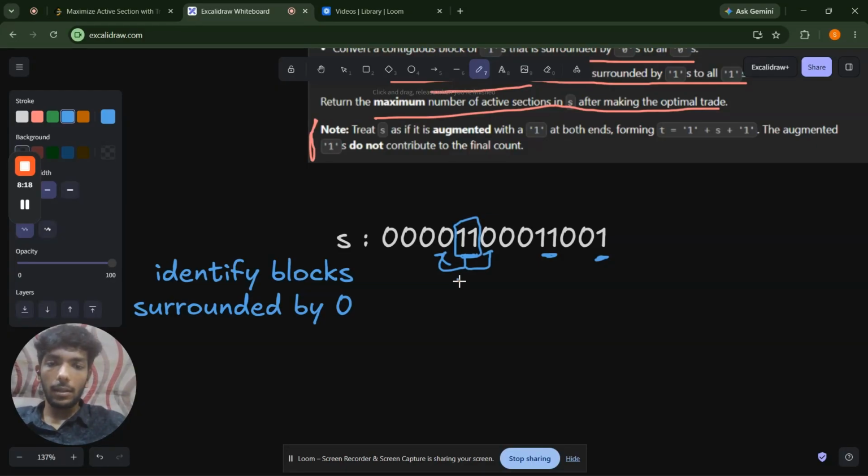So this can be considered. For this block, there is a zero on its left and one zero on its right.